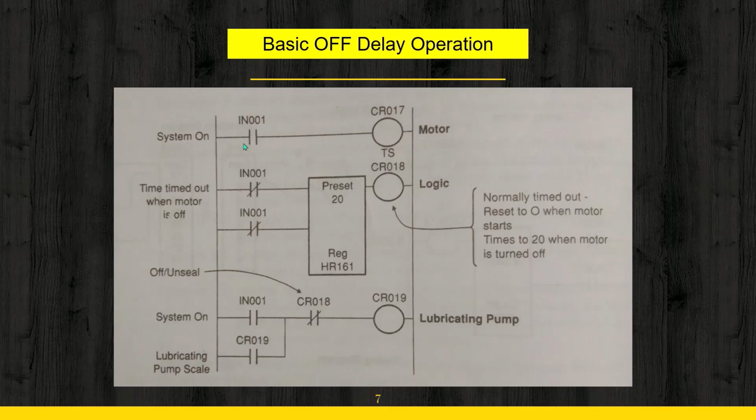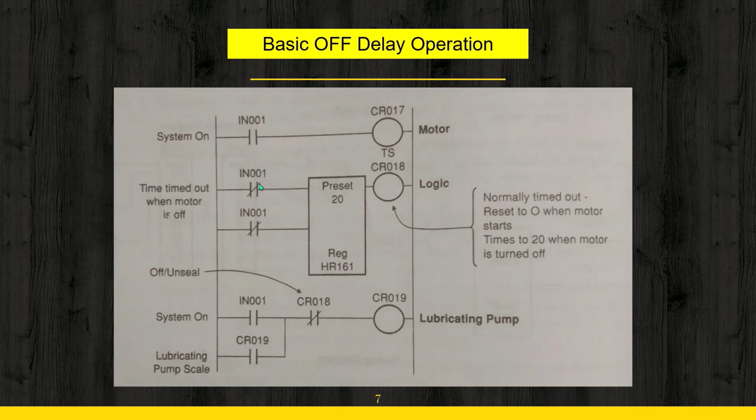When the motor is started, that means this contact is closed. When this contact is closed, this contact is also closed, and this contact is also closed. So here the timer is reset. Now when this contact is open, this contact also gets opened, this contact also gets opened, and the reset contact also gets opened. So when the reset contact is opened, now your timer block is able to work.